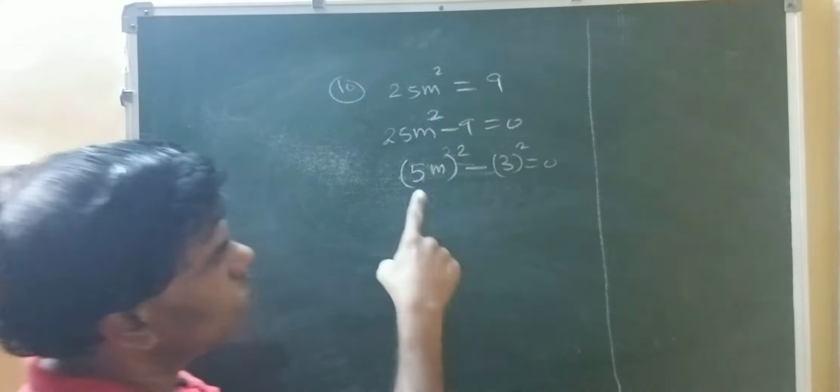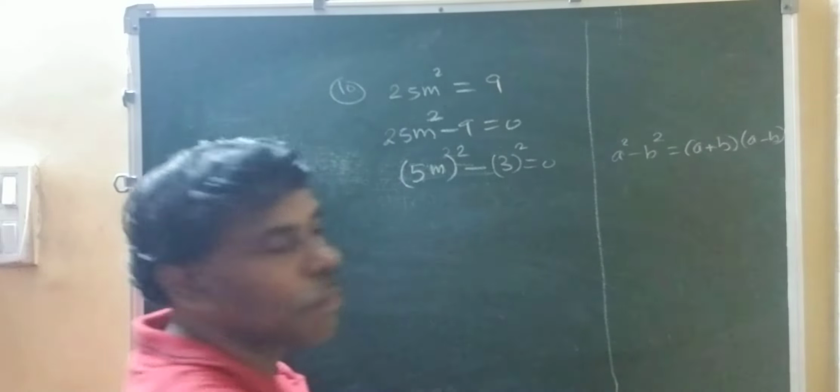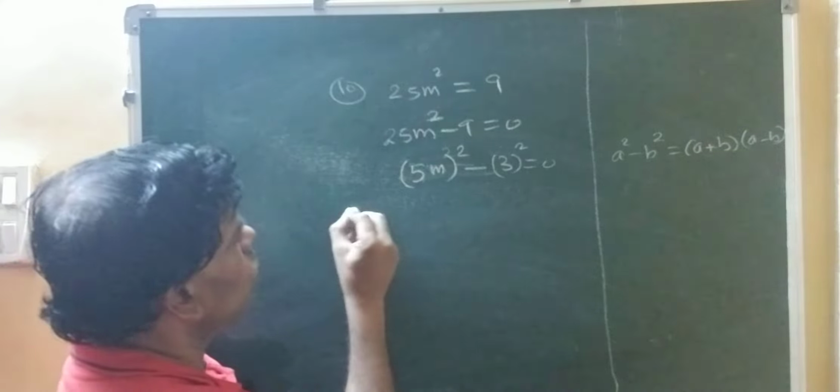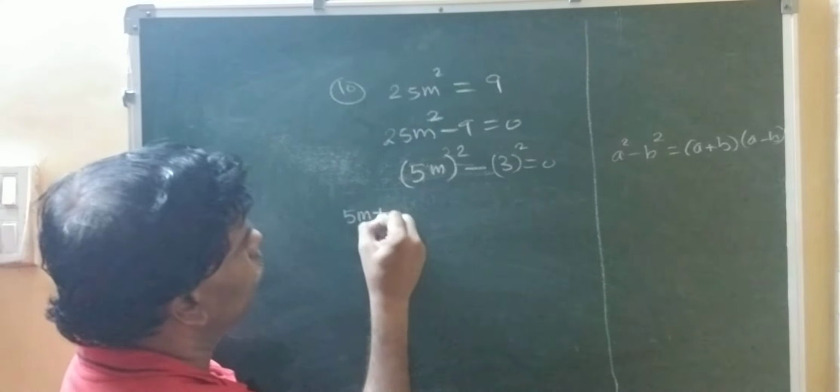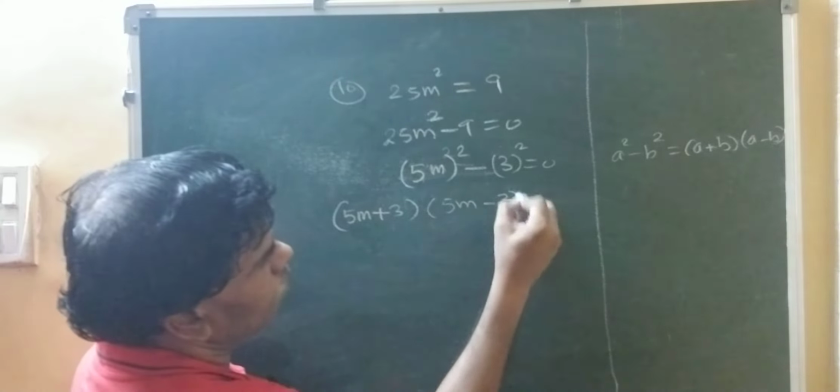See, look at this form. What does it look like? a square minus b square equals a plus b into a minus b form. So one time you have to add, one time you have to subtract.